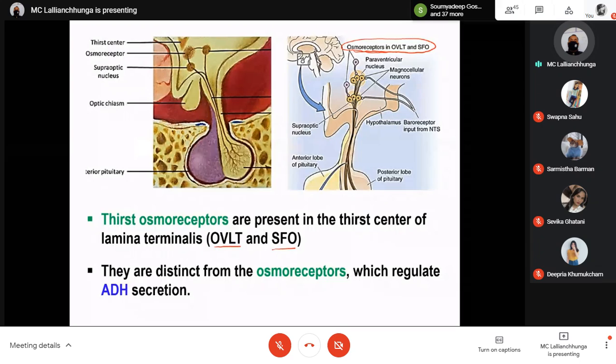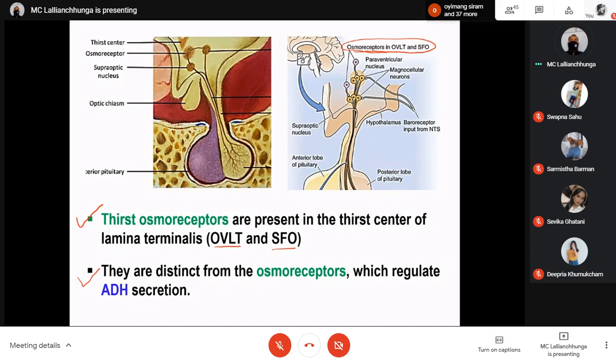Macula densa cells, we have already talked about it because they can detect the concentration of solute in the glomerular filtrate. So osmoreceptors are also present in the brain. Here you have to remember that thirst osmoreceptors and osmoreceptors for ADH secretion are different.